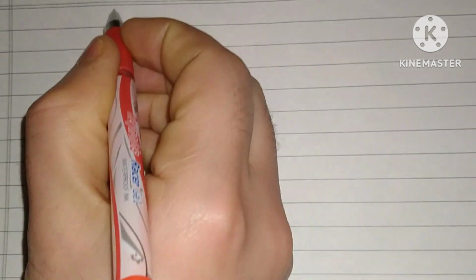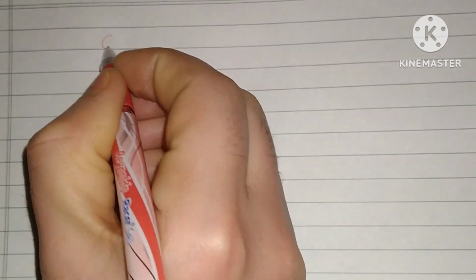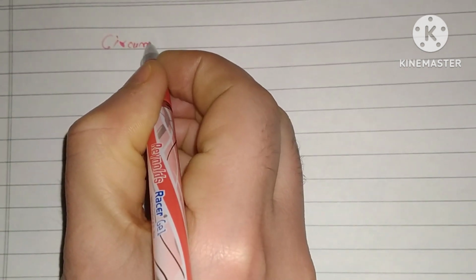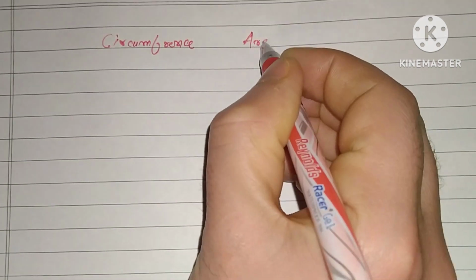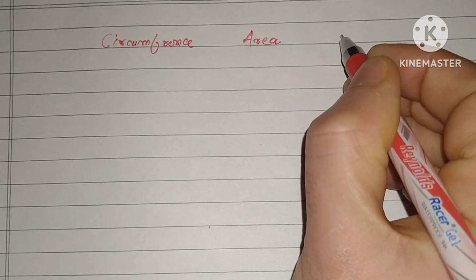That was the case with the circumference. Now let us summarize all the cases. Here is circumference, here it is area, and lastly it is volume.